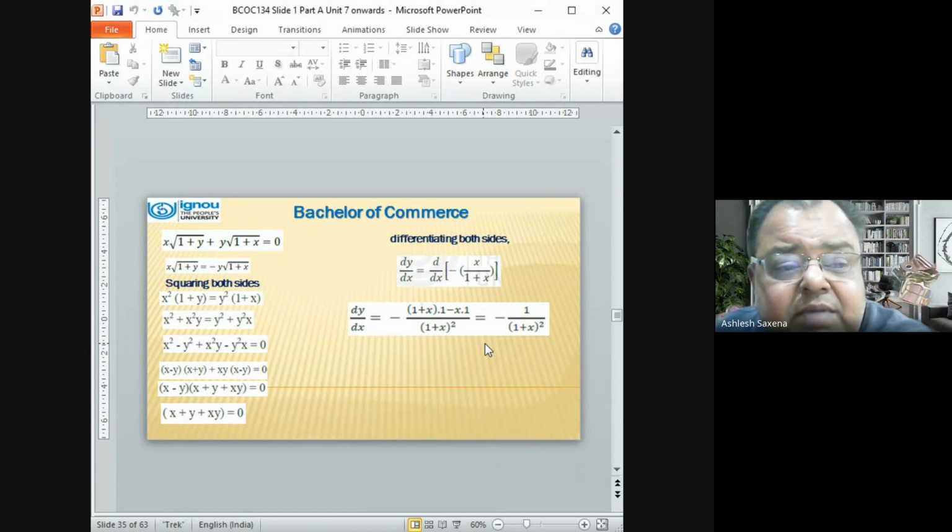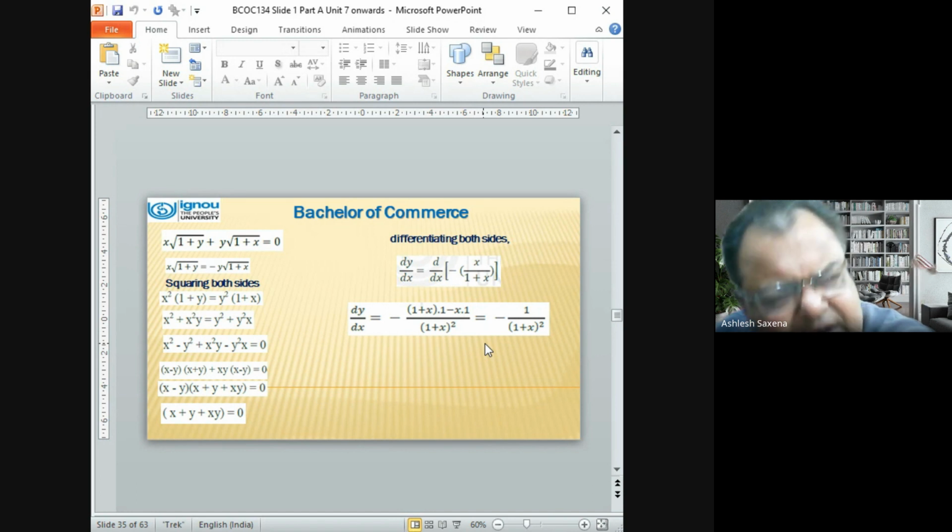So now your problem will be x under root 1 plus y is equal to minus y under root 1 plus x. To make it simpler, we are squaring both sides. When we square both sides, the under root will be removed.